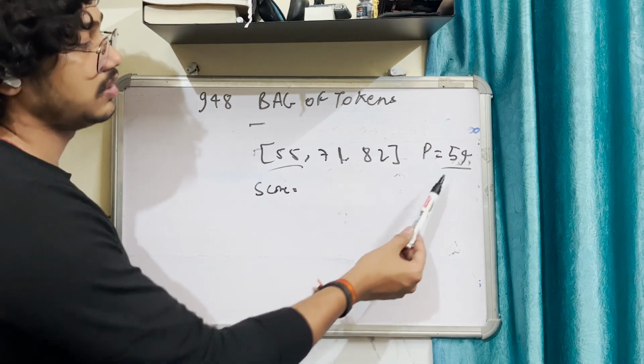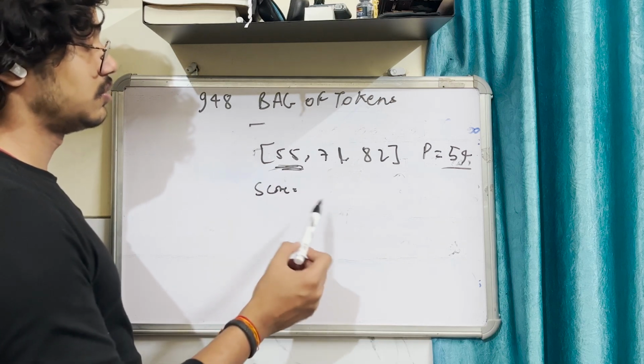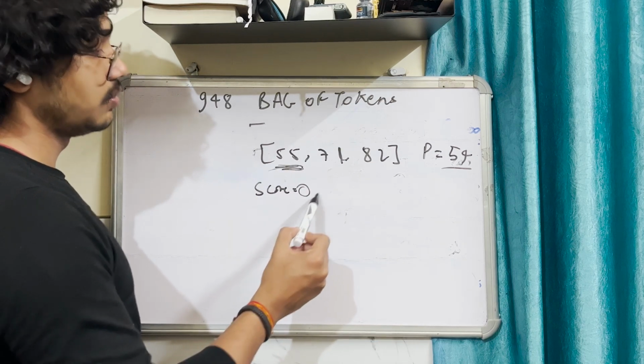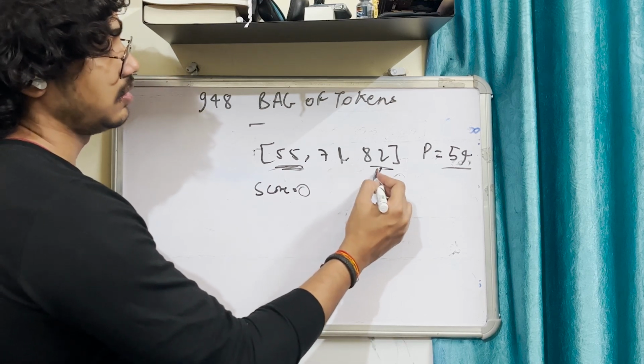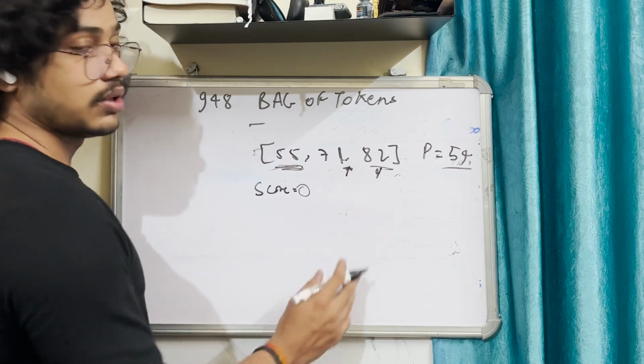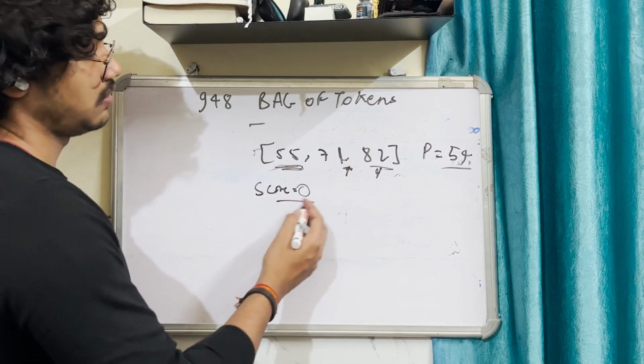No, because your power is 54 and your minimum value is 55. And your score will be 0. You can only get another power when your score is 1. But you can't do that, so your answer will be 0 only.